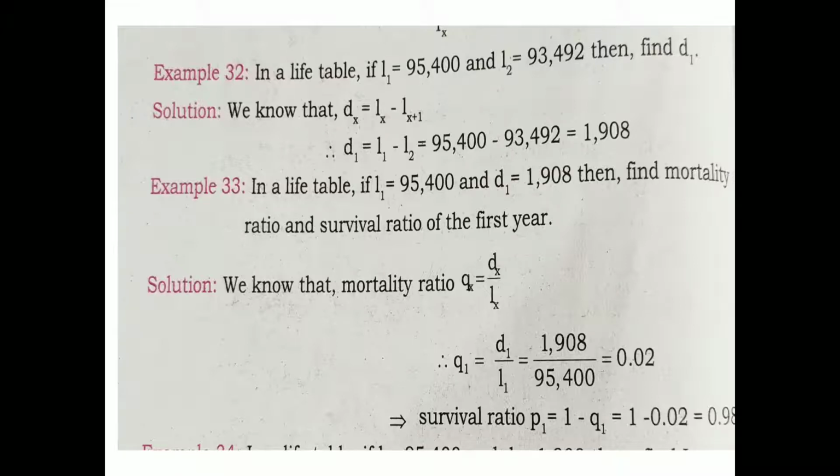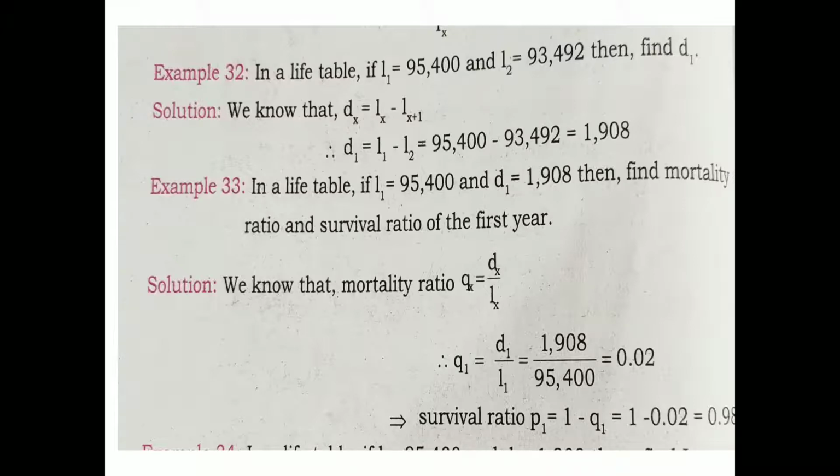Here they have asked to find d1, so substitute x as 1. That is, d1 is equal to l1 minus l2, which is equal to 95,400 minus 93,492, which is equal to 1,908.